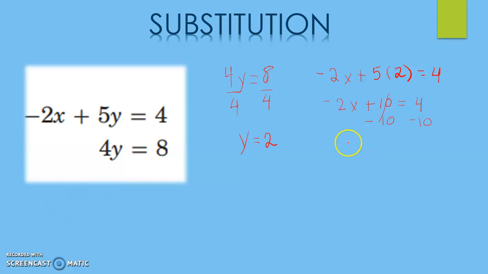That goes to 0. We are left with negative 2x is equal to negative 6. And then divide both sides by negative 2.